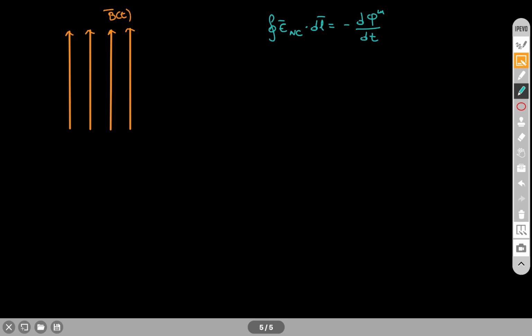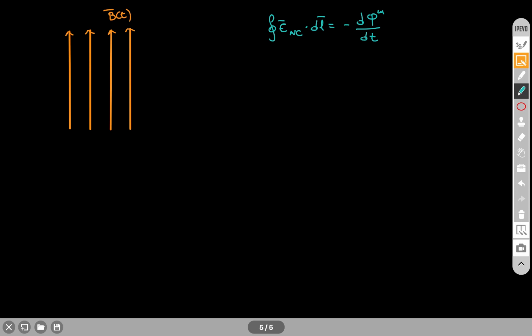Before I start, I do want to point out something important. Anytime you have a changing magnetic field, you will always have the presence of the non-Coulomb electric field in space around the area where the magnetic field is changing.